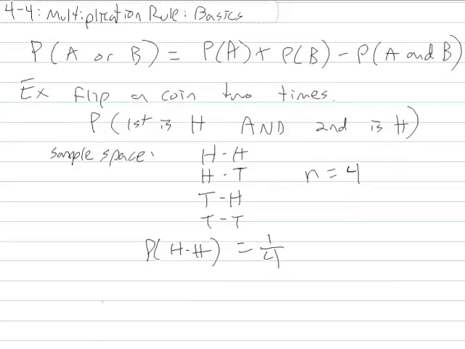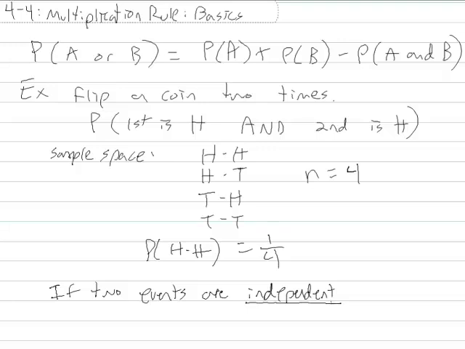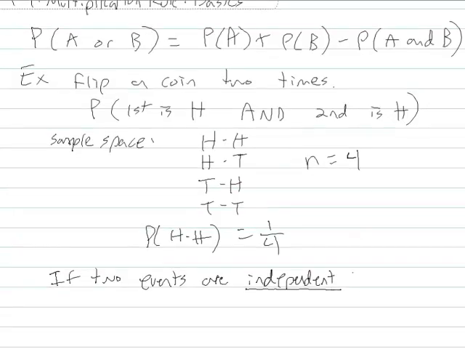Well, the multiplication rule says intuitively that if 2 events are independent, and we'll get into that meaning a little bit more later on, but basically it means that the occurrence of one does not affect the probability of the other.